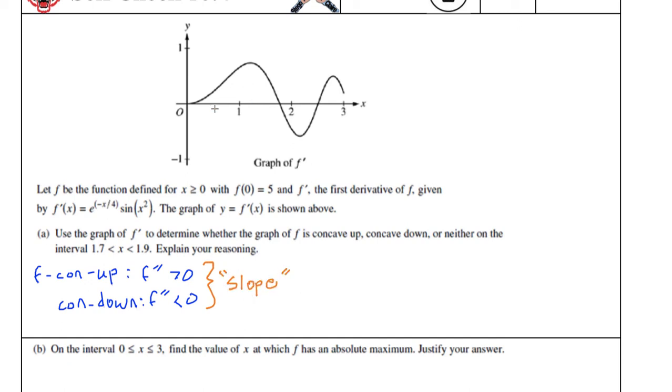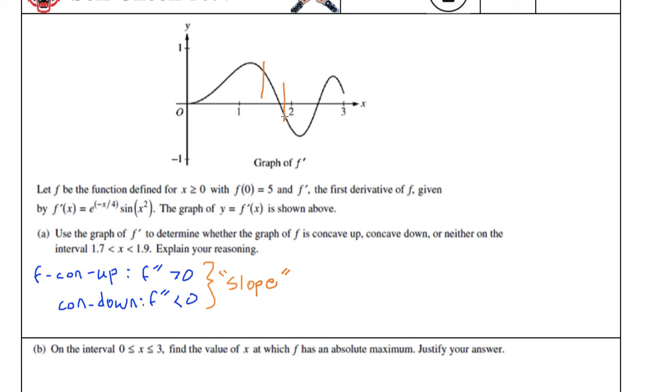All right, so I'm looking at their slopes, and I have positive, positive, positive, all the way up to this point. Does it tell us what that point is? No, but it says 1.7 and 1.9. 1.7 is right about there, and then 1.9 is right about there.